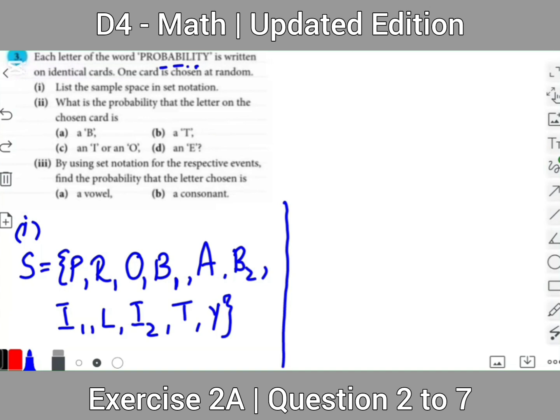So the sample space in set notation is equal to P, R, O, B1, A, B2, I1, L, I2, T, Y.